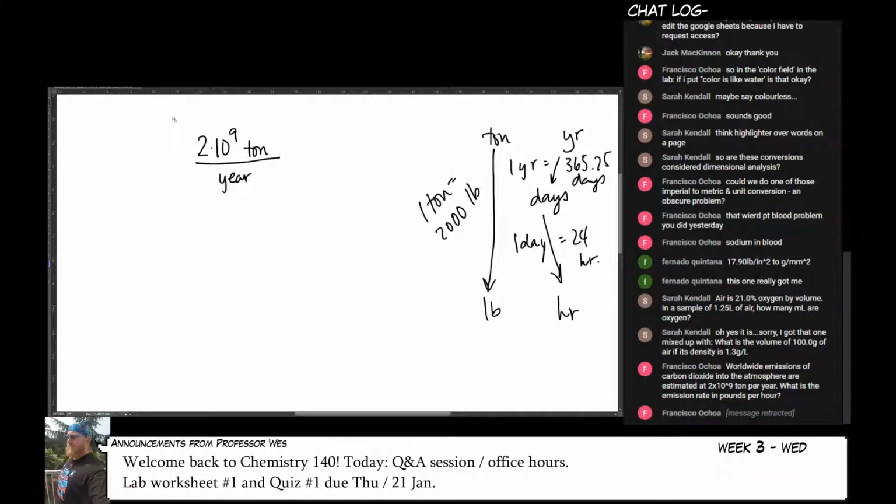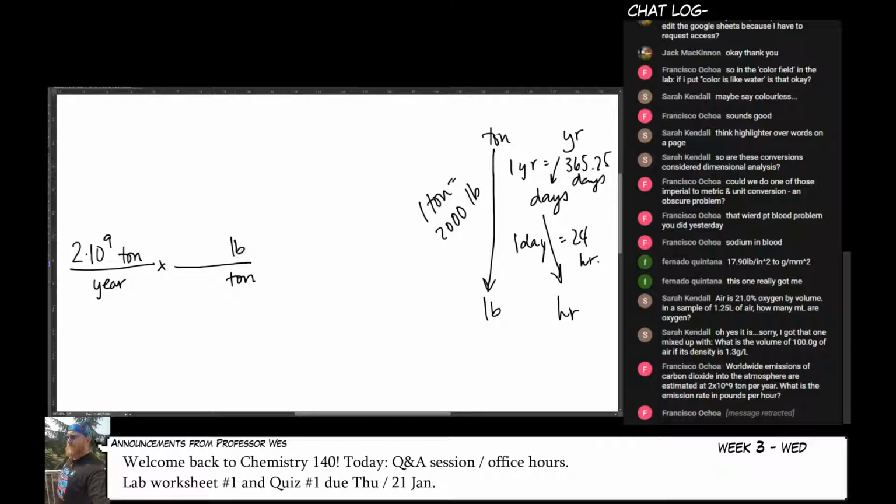So let's do this. Just move this guy over. I didn't unselect. Hold on. So I'm going to set up my unit so that these cancel. We'll start with tons here, so tons goes on the bottom.